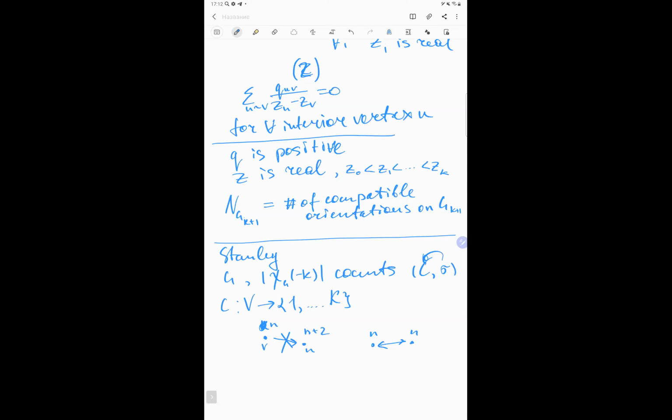It counts pairs of coloring C, not necessarily proper, and orientation compatible with this coloring. This orientation sigma is acyclic and has only descending pairs.